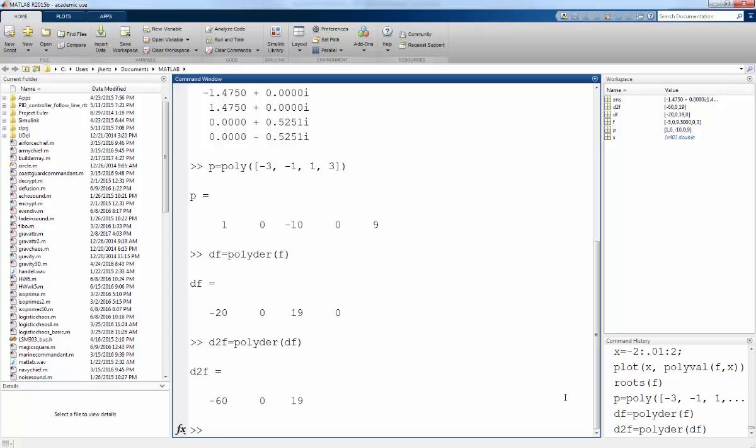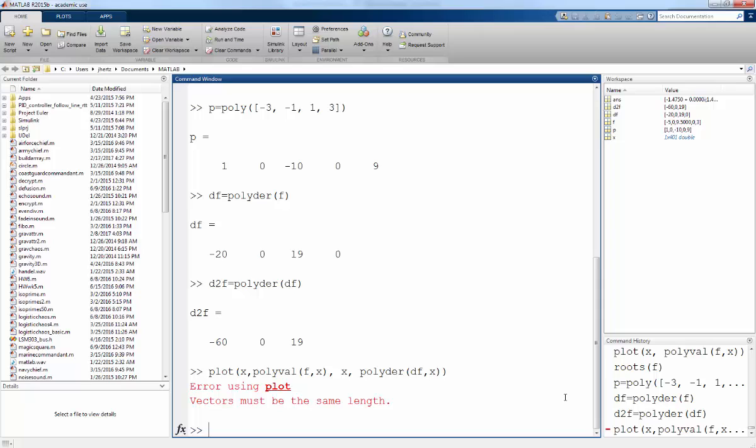And we can even plot maybe the function and the derivative of the function on the same graph.